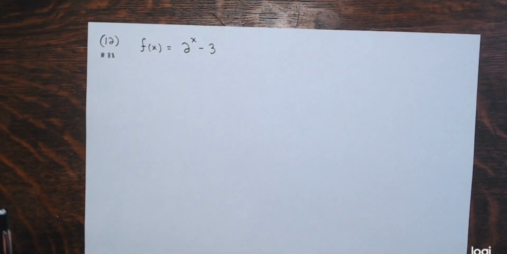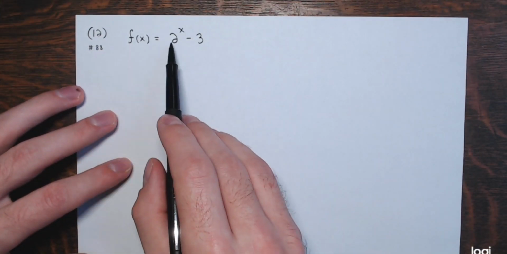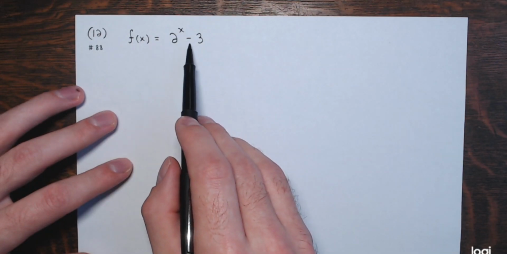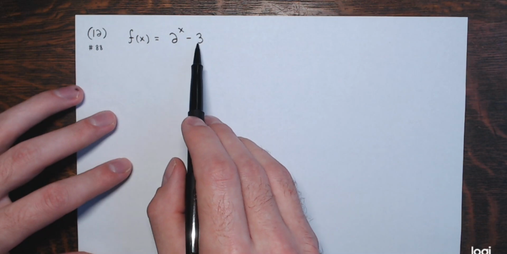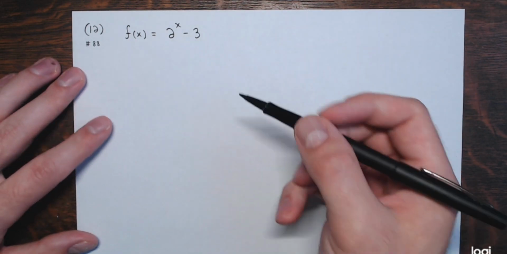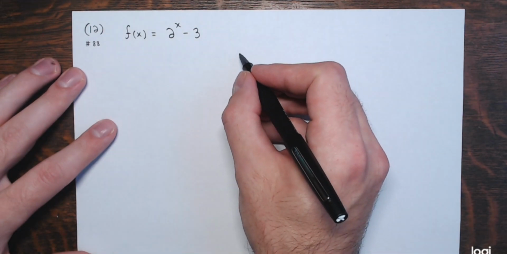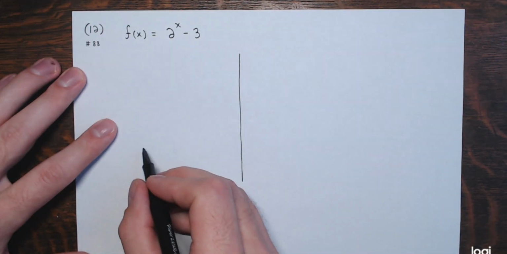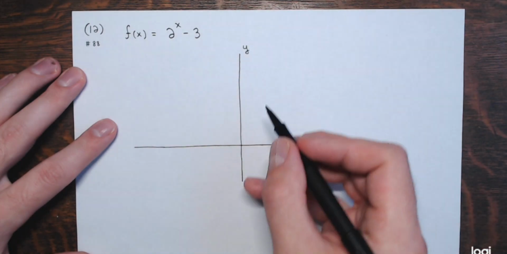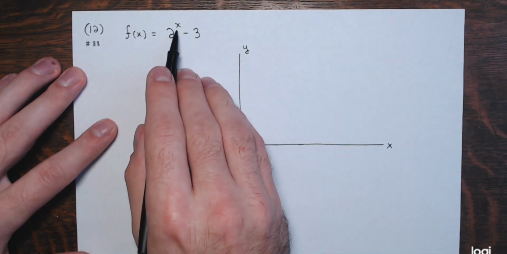Right. Next question. So I've got your basic exponential function, 2 to the x, but then afterwards there's this -3. So that's going to move everything down 3. Right, so let's just do this here. I'm going to plug in the usual, because the power is x.